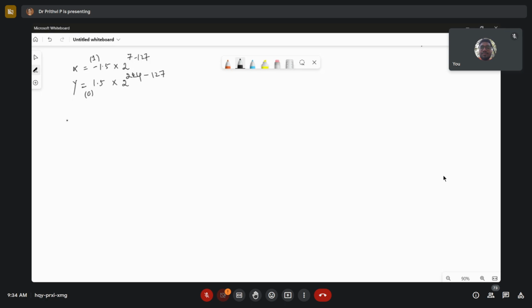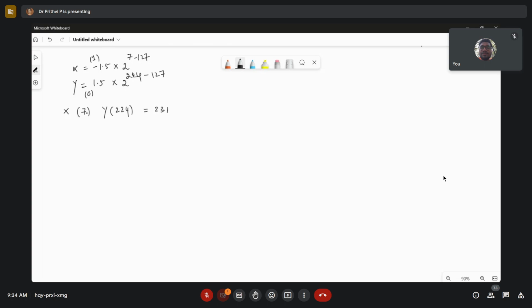Done. So what will be your complete exponent? The exponent of x is 7 and of y is 224. Now when you add these exponents, what will be the resultant? It should be 231. Your e value is 231.